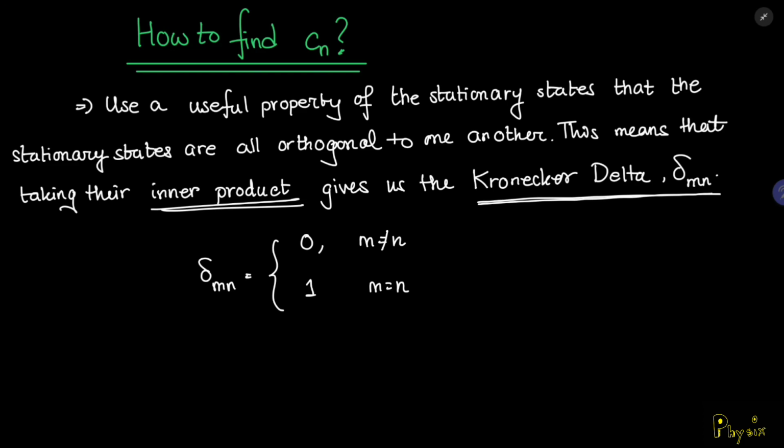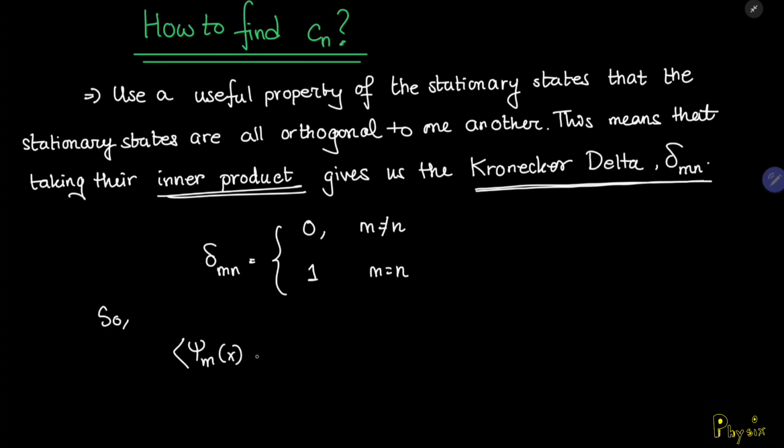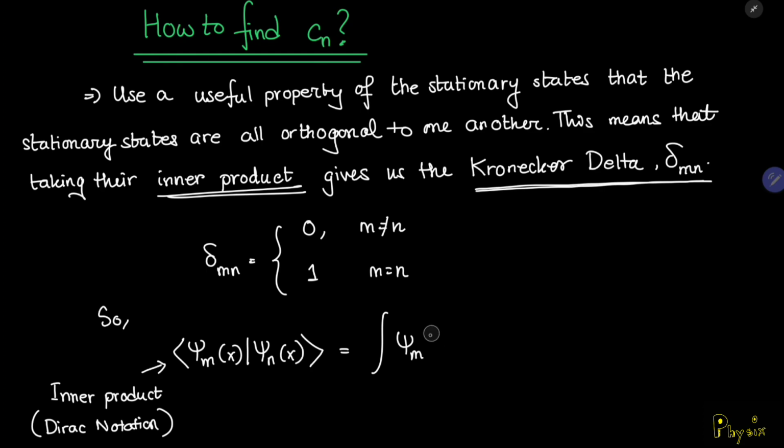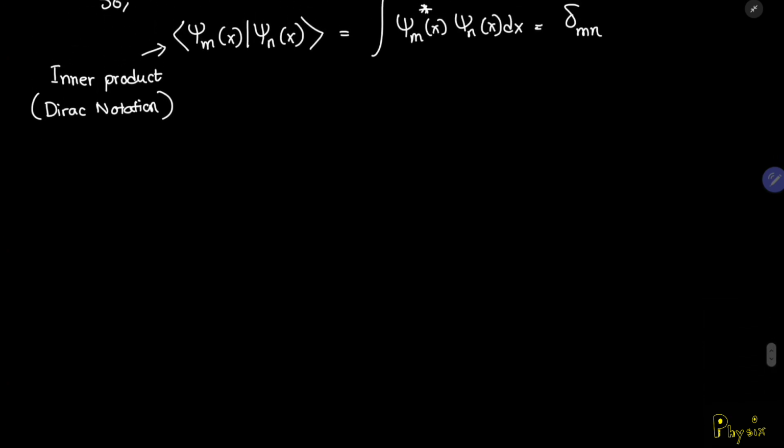So with this property, our stationary states being orthogonal to each other basically means that if you take the inner product, which is in Dirac notation, then the integral of these two specific stationary states would give us the Kronecker delta. And with the help of this property, we will find our c sub n.